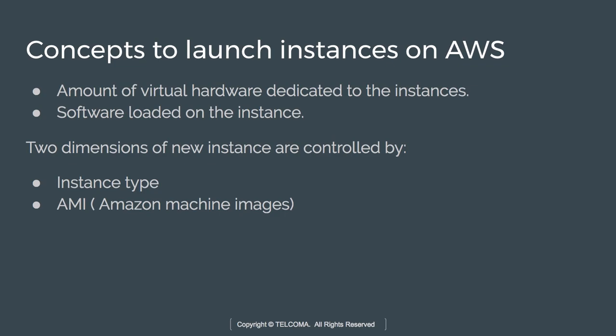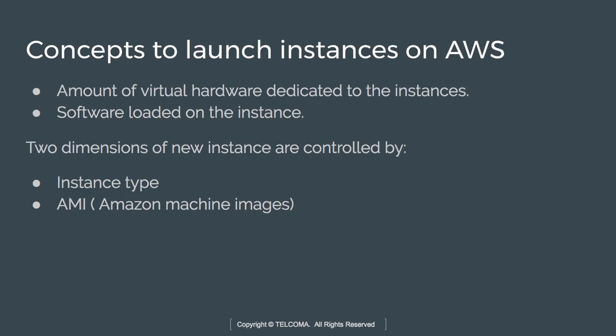We have dozens of Amazon instance types available, like virtual CPU, memory, storage, and network performance. We have various families of instances.